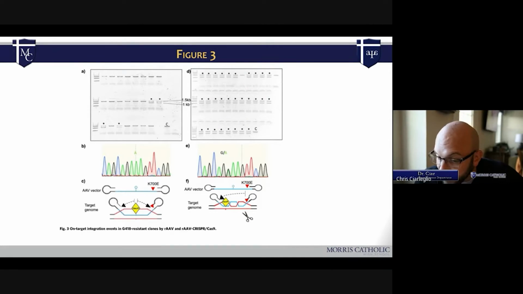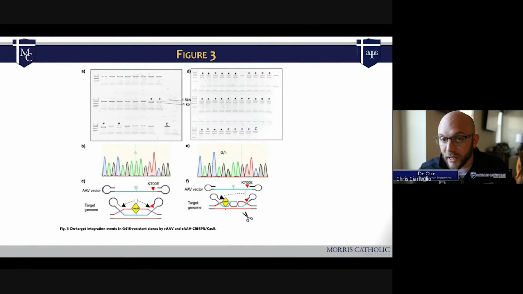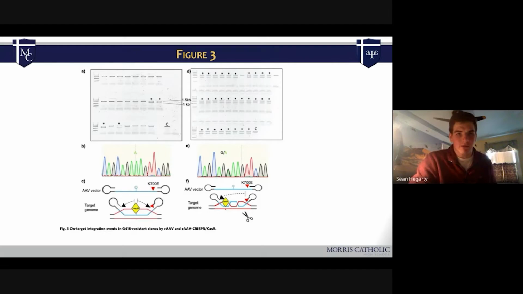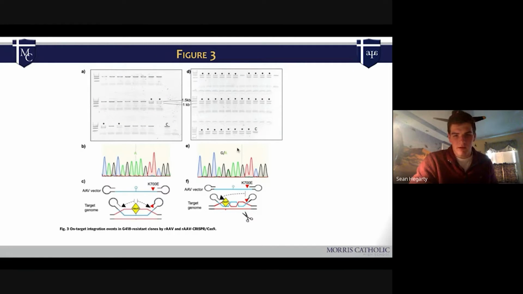You can see it's somewhat green. It's a 50-50 mix. They were able to change it. You can see there's 2 bands. If it was just G, you would have only gotten the lower band. But it wasn't. It was 50-50. Which is still incredible.